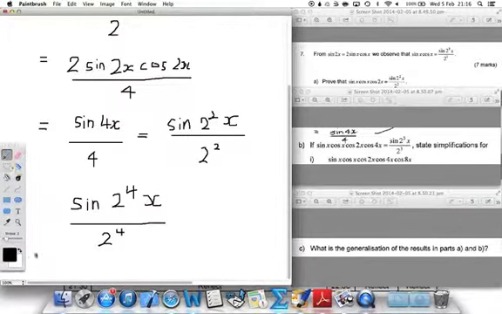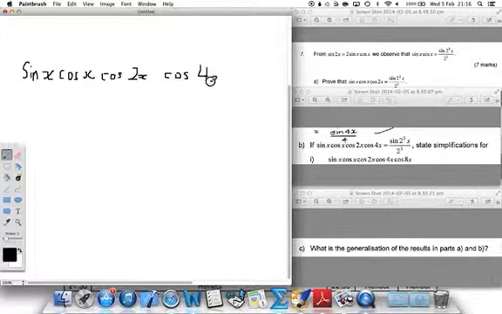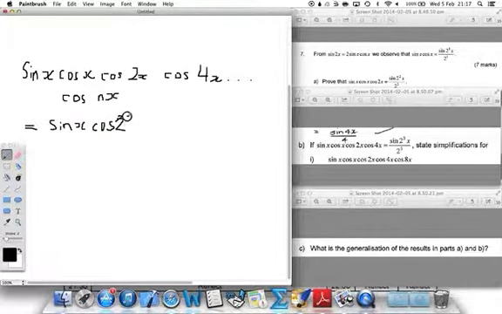So what we know is that if we have, and I'll write it up here, I'll probably just clear some space. If we have sine x, and then cos x, and then cos 2x, cos 4x, etc., until we get all the way up to cos 2 to the n x, then we can write this as sine x, cos 2 to the 0 x, because 2 to the 0 is just going to be 1.